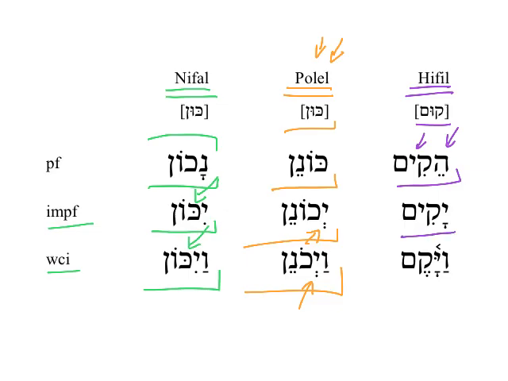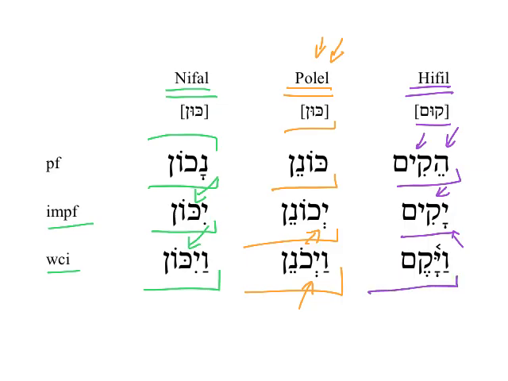And in the imperfect, we have a little bit more of a challenge here because we don't have our normal indicator of patach under the prefix pronoun. We have a qamets. But in the case of the imperfect, we do have the hireq yod, which shows us yaqim. This is in the hiphil. He will cause to arise.